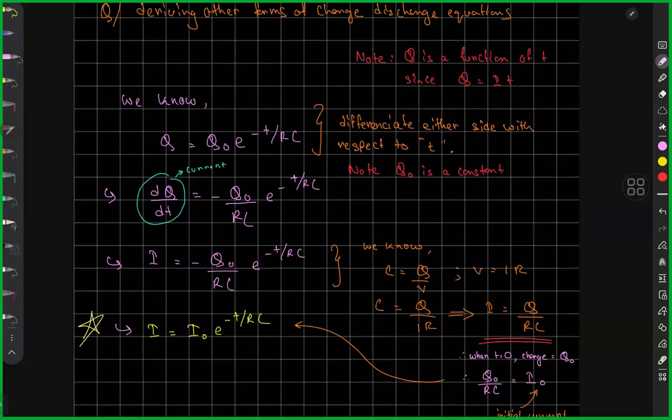Now, what is Q a function of? Time, right? What do I mean by that? I is equal to Q by t, rate of flow of charge. If I want to find out the charge, simply multiply current times time.